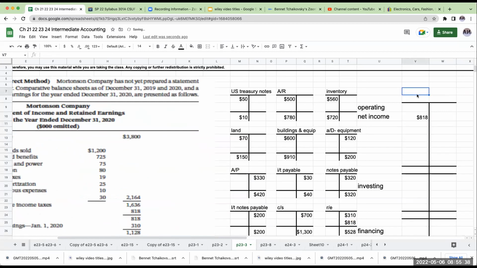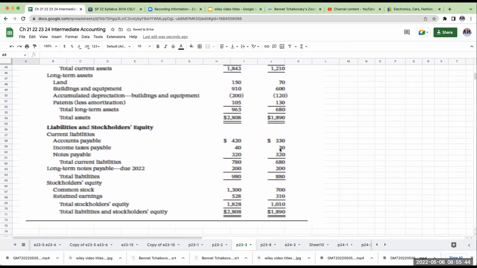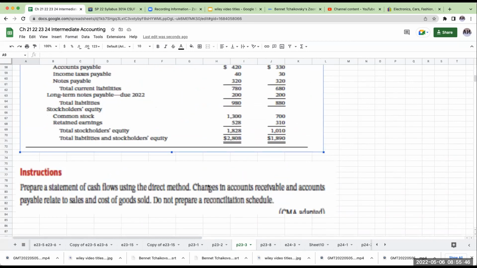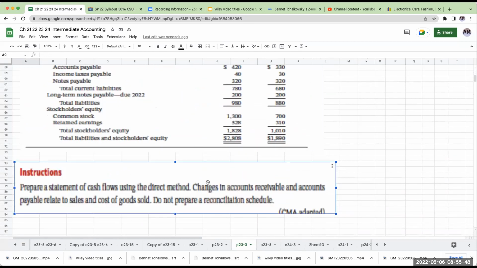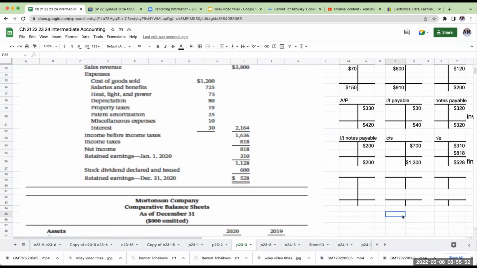This is my cash T account. Typically when I'm doing this, we'll deal with the additional information first. And hopefully I didn't make a mistake, but I think this is all the information we have. So this is a fun one, stock dividend declared and issued.